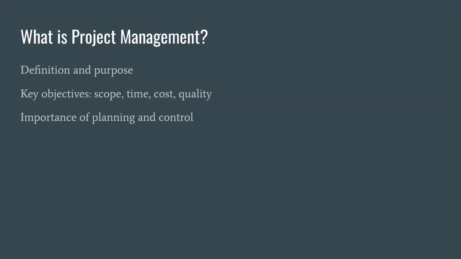The project manager aligns the project to the organization's strategic goals. That means effective project management keeps all project elements, such as people, resources, and processes, focused on achieving the intended results.